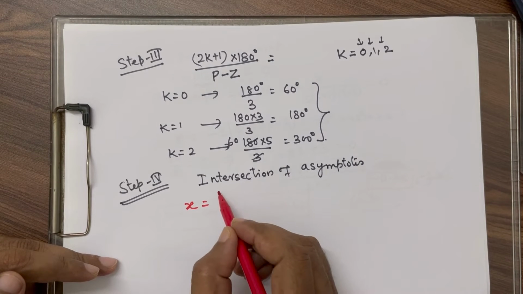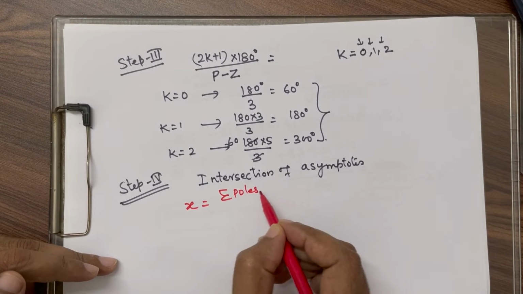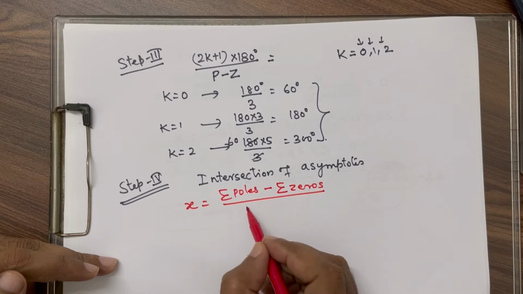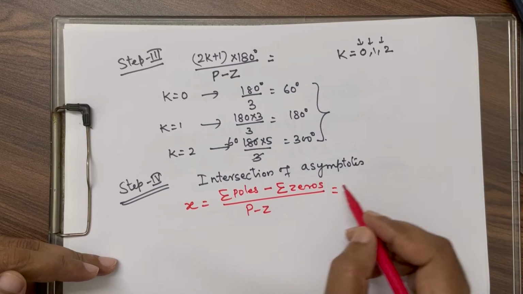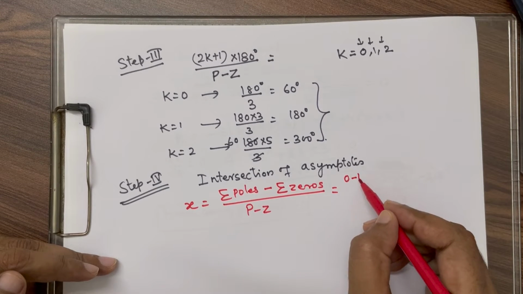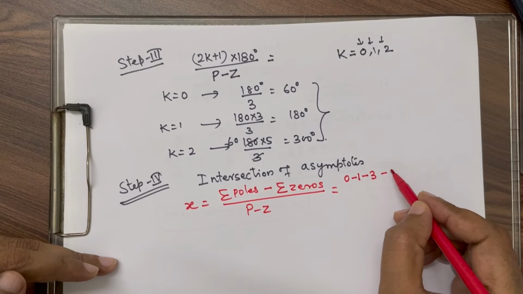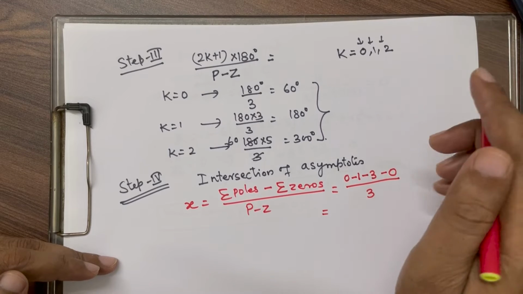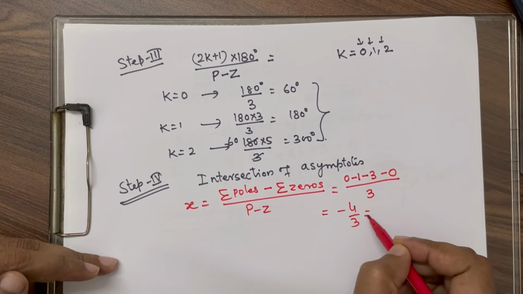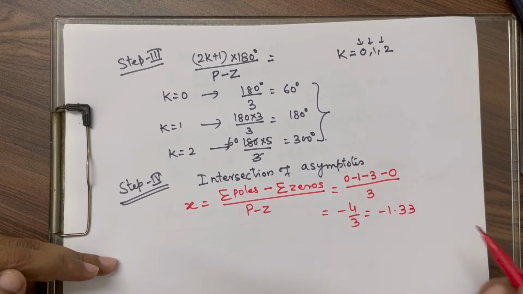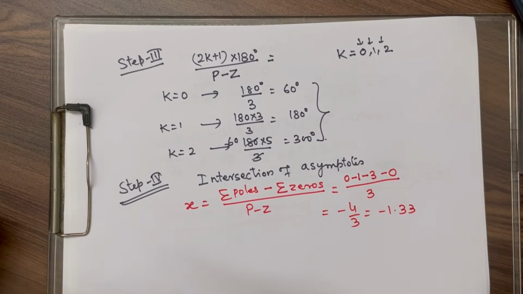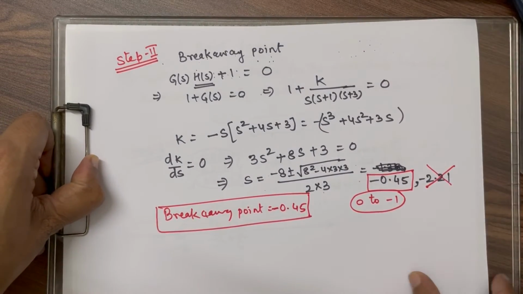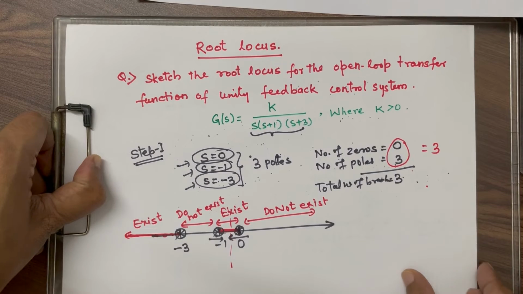It will be equal to the summation of all the poles minus the summation of all the zeros divided by p minus z. The summation of all the poles means one pole is 0, another is minus 1, then minus 3. There are no zeros, so minus 0, divided by 3. So this value is minus 4 by 3, or we can say minus 1.33. So we have all this information ready with us, and we'll be using that to draw the root locus.